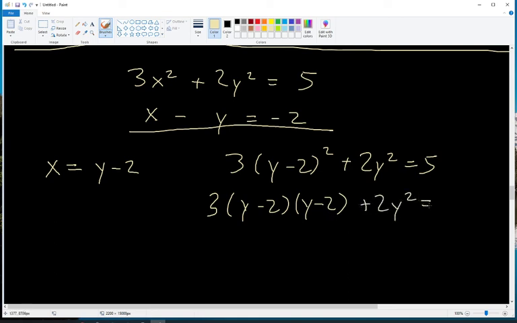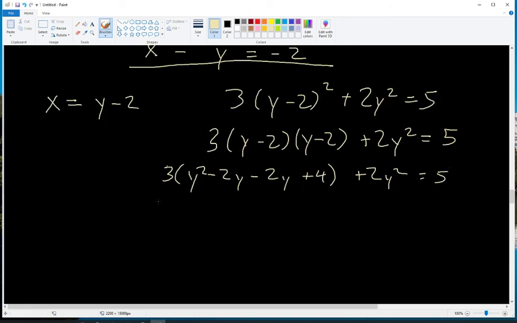So when you guys square across a y minus 2 like that, we have to set up for FOIL. Since there's a 3 being multiplied to everything, whatever this FOIL becomes, it all is still multiplied by 3. So we have 3 times y squared minus 4y plus 4, plus 2y squared equals 5.